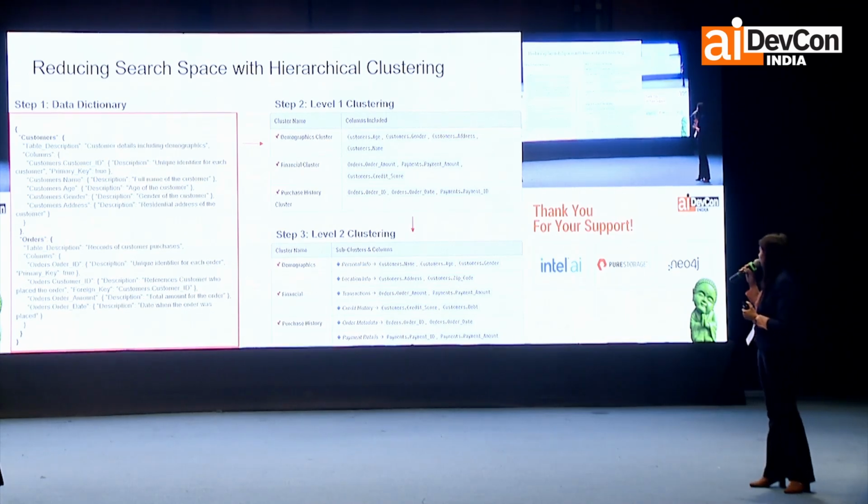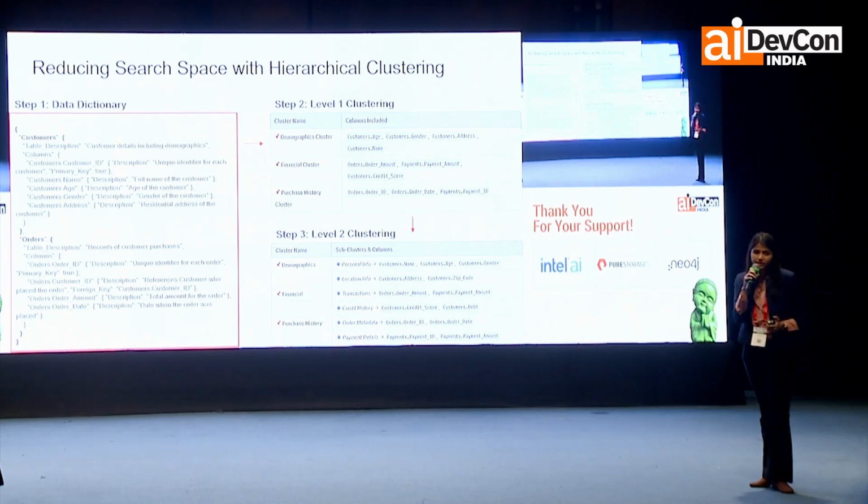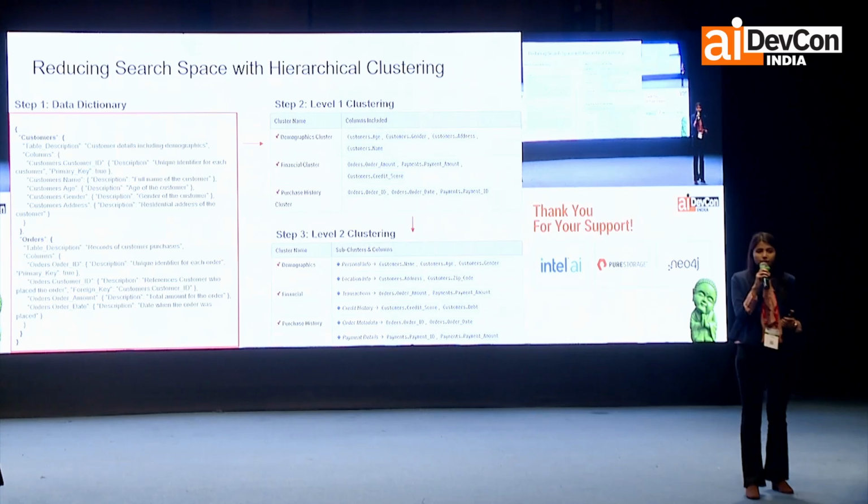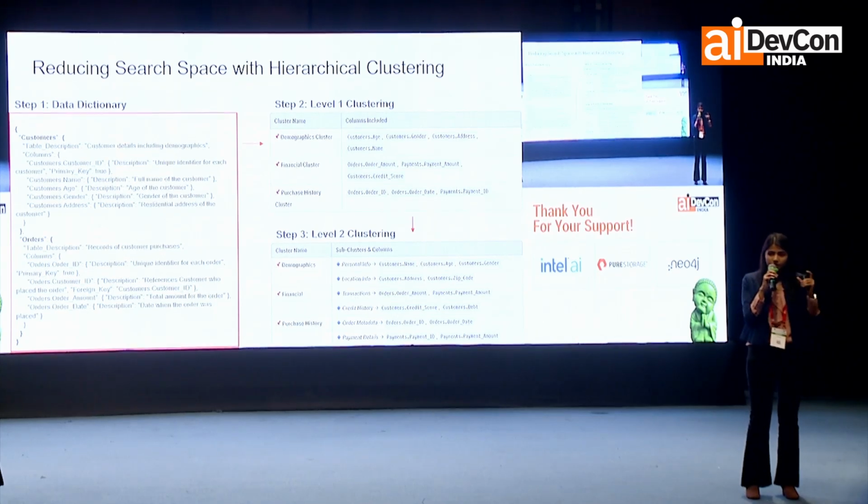It can have how much they ordered, the payment, the credit score, etc. So if we cluster the columns into some clusters, we will have some groups of columns. Whenever a query comes, if we identify which cluster this query belongs to, that will also help us in reducing a bit of search space.